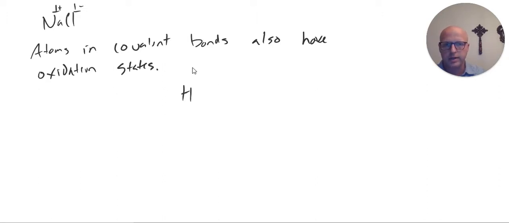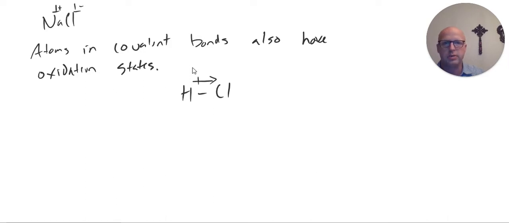So let's take an example here. Let's say we have something like HCl. Hydrogen pretty easily gives up electrons, and chlorine on the other hand is pretty electronegative because it's a halogen, on that far end. So what happens here is the electrons are actually pulled towards chlorine.